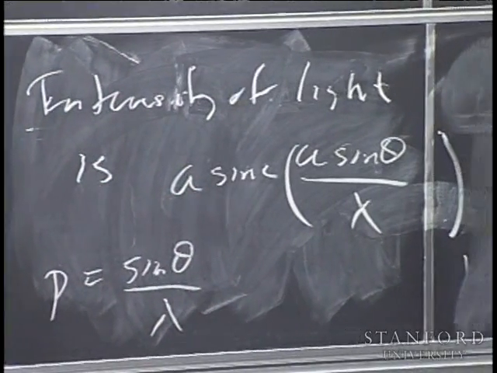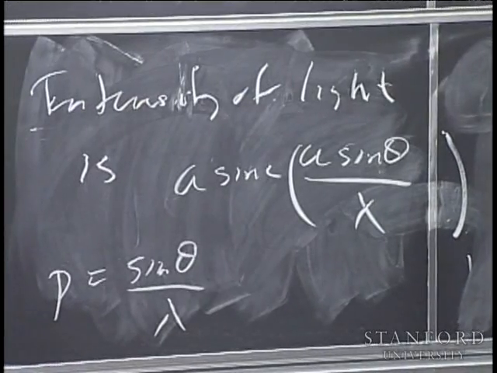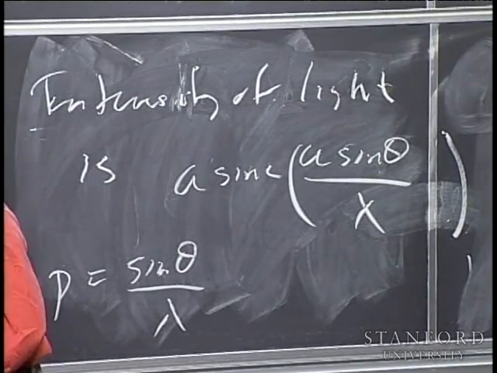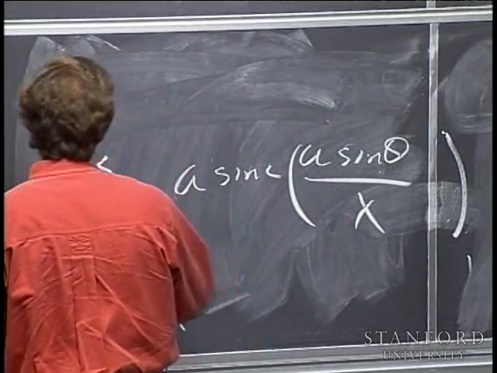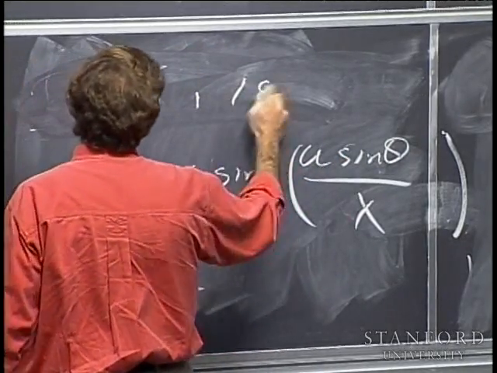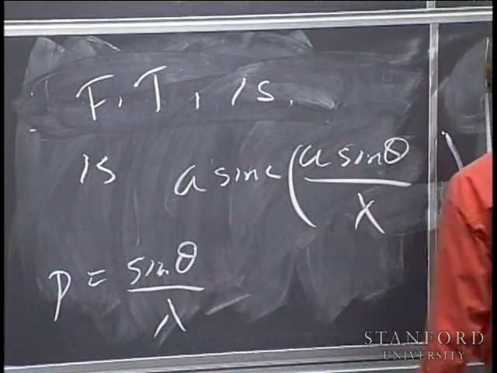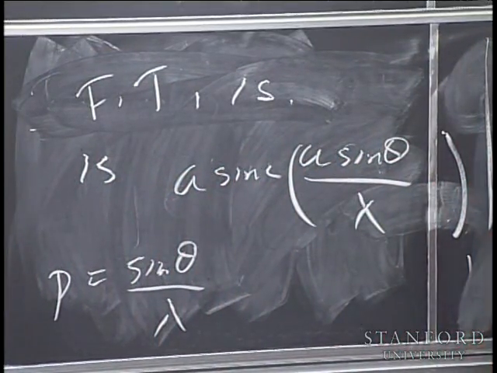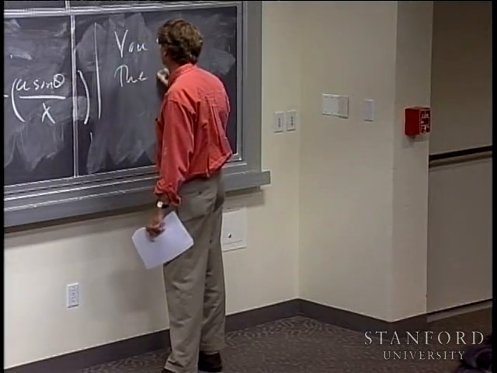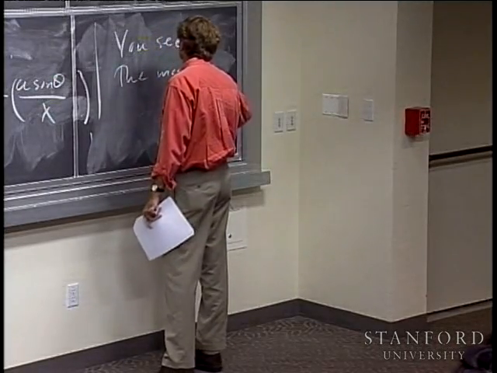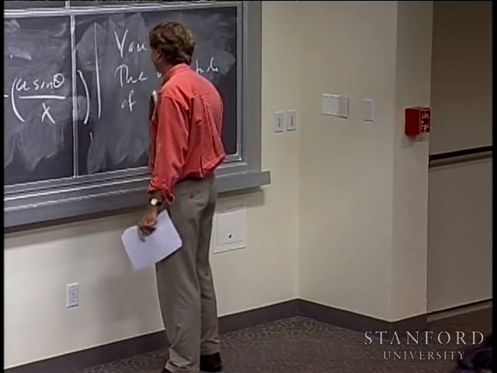Excuse me, I'm sorry. The Fourier transform is given by this. The intensity is the square of that. The Fourier transform is this. The intensity is essentially the magnitude of this, so you see the square of this, the absolute value of this.